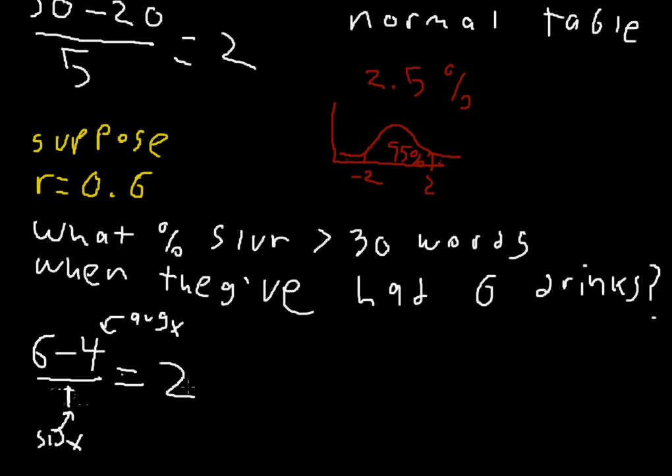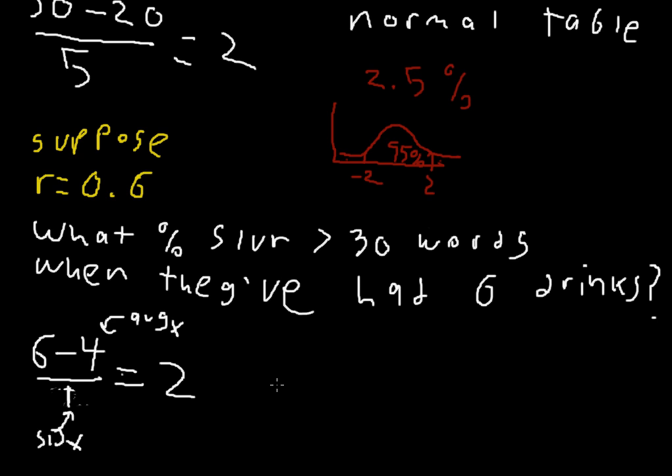Now, do we just predict that they slur 2 standard units more words? No, we don't. Remember, a standard unit just means number of standard deviations from the mean. But we have to use our regression rule.